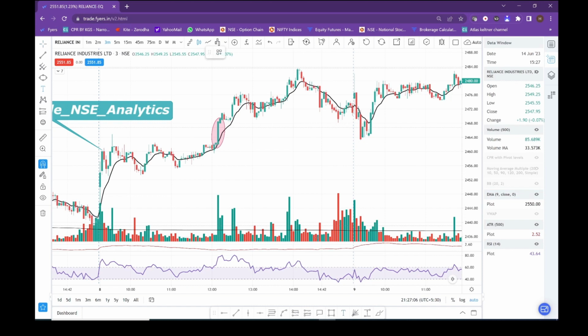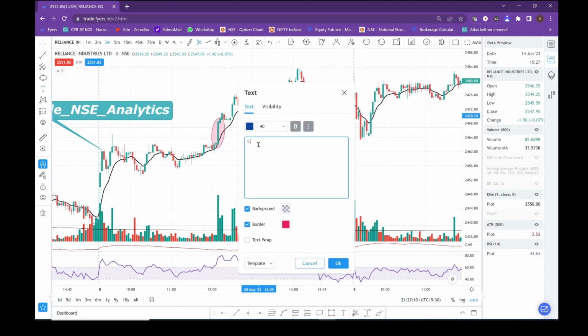The first rule is the body of the candle should be greater than or equal to ATR 500 period.